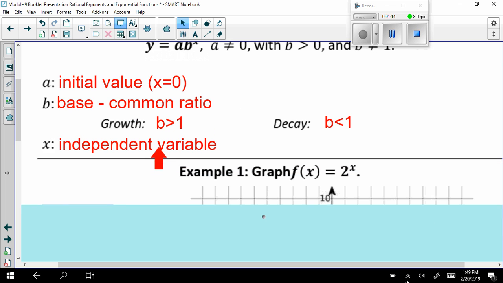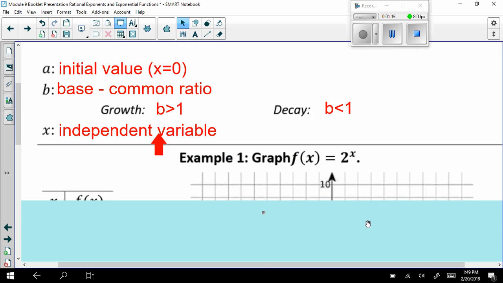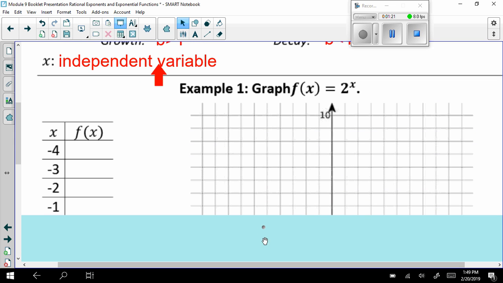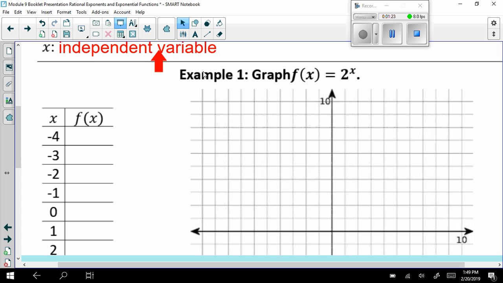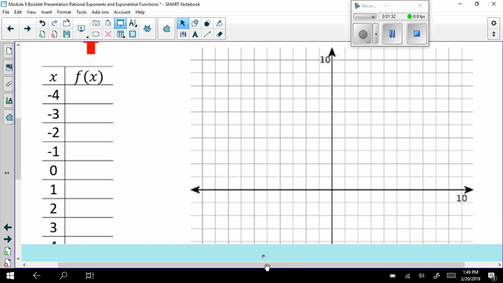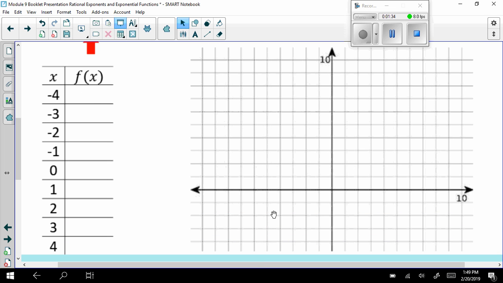So we are going to look at an example. And the example that we are looking at is f of x equals 2 to the x. So we are going to do this by taking our equation and creating a table of values. And I am actually going to start at 0 and do my positives first.